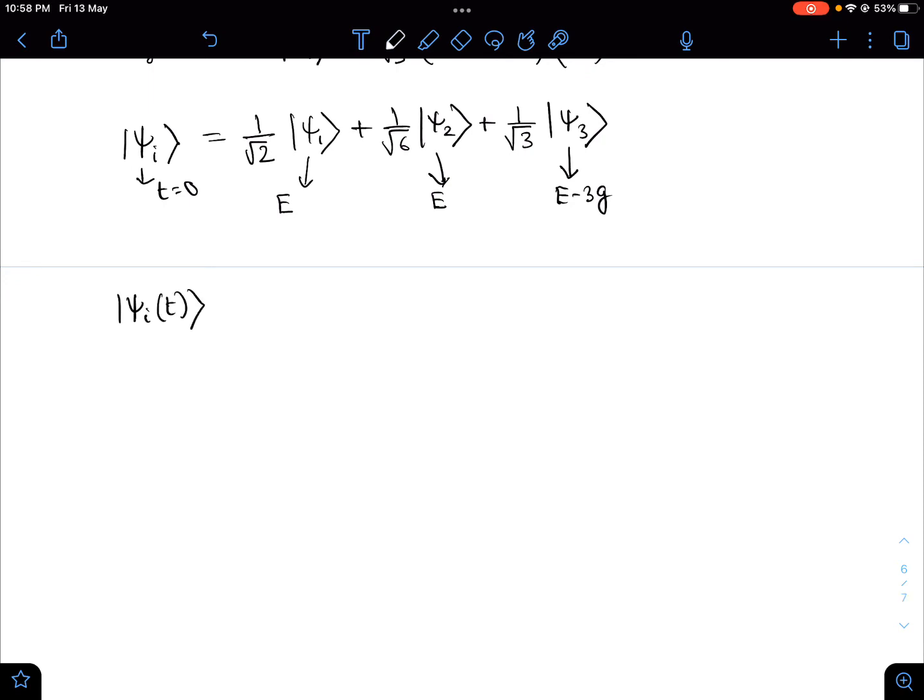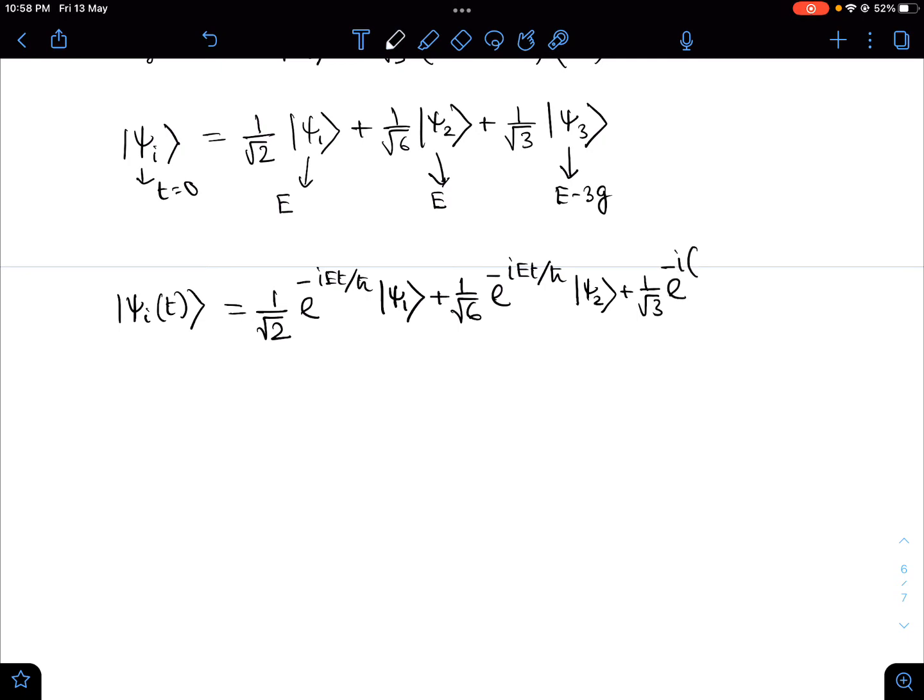So after a time t, the state will be 1 over root 2 e to the power minus i E t by h cut psi 1 plus 1 over root 6 e to the power minus i E t by h cut psi 2 plus 1 over root 3 e to the power minus i (E minus 3g) t by h cut multiplied by psi 3.